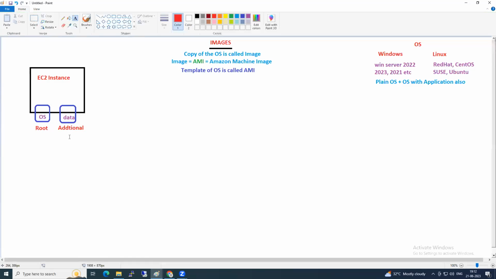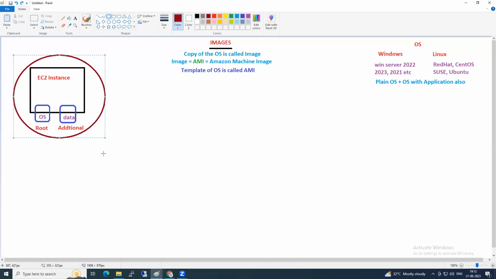additional volume. Okay. Now, if I want to take the backup of the volume, what is that called? Snapshot. But here I'm not taking the backup of only a volume. I want the backup of the whole machine, the entire EC2.